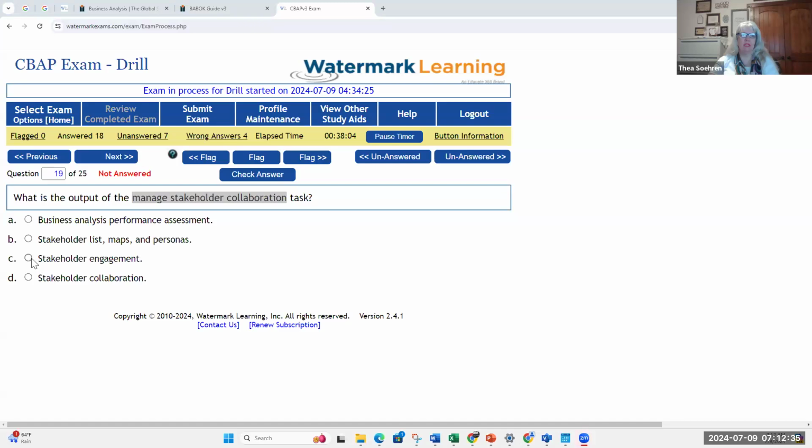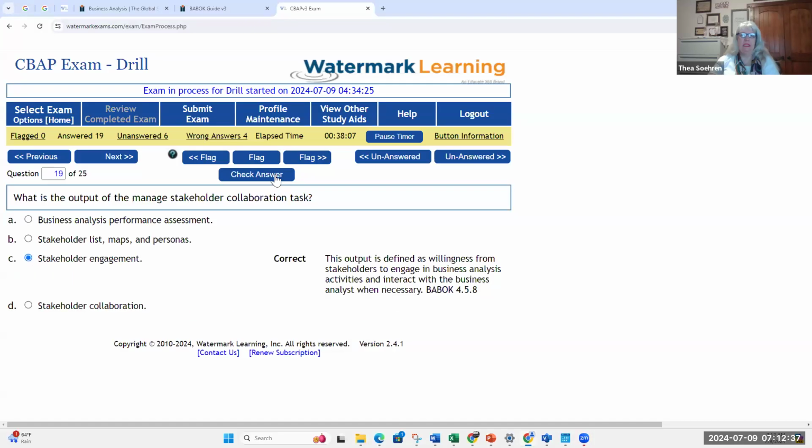Okay, I've got several C's, and that is correct. So the managed stakeholder collaboration task output is stakeholder engagement.